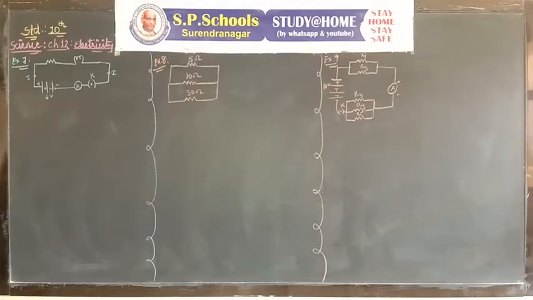Let's see the information: an electric lamp whose resistance is 20 ohm and a conductor of 4 ohm resistance are connected to a 6-volt battery. See figure.